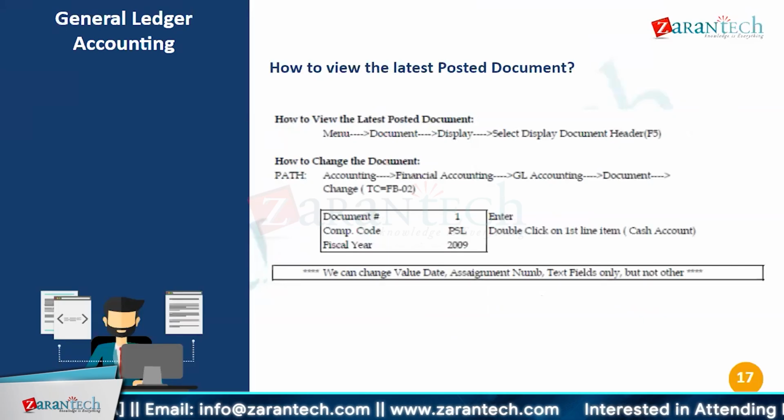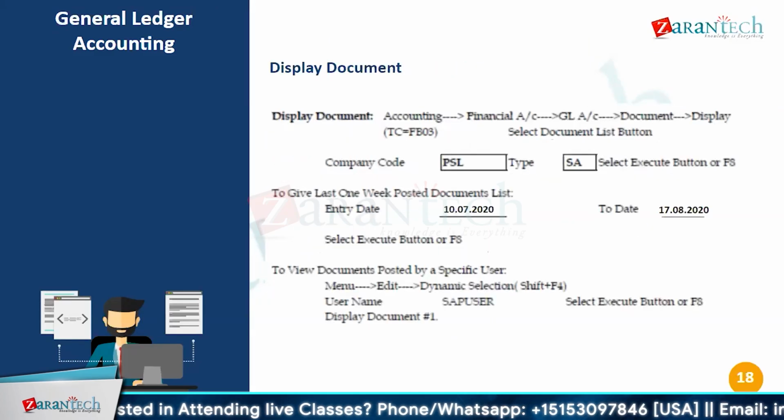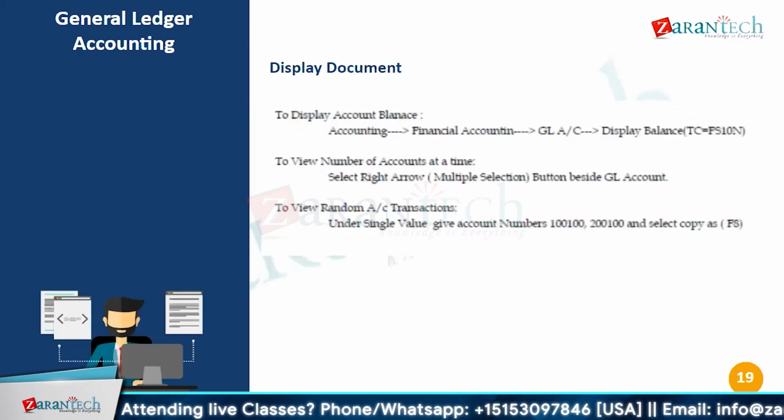Now, in SAP, you can either create a document or display a document. If you go to T code FB03, if you have created a document, you can display it also. So this is basically notes on how to display.